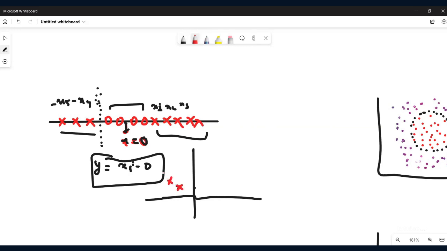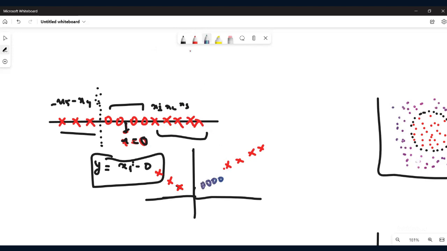These are at negative distance, and these are at positive distances. And then there are O's, which are at positive distance.